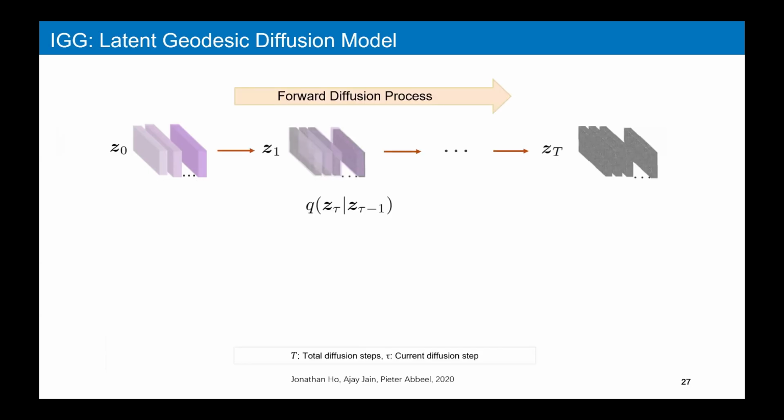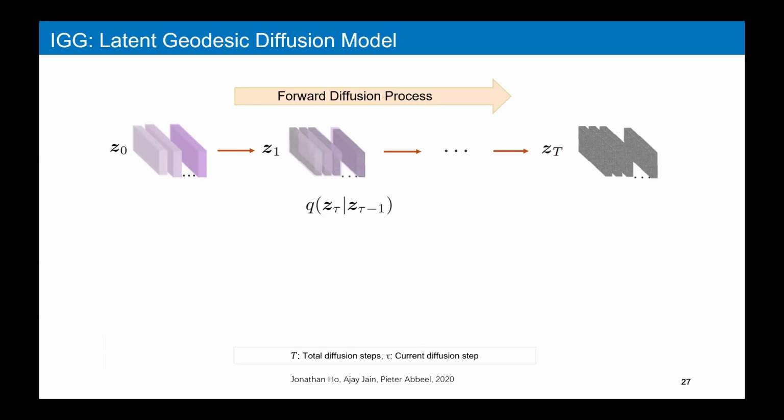So, we stack the time series of latent geodesic representations along an additional channel, denoted as Z0. Keep in mind that Z0 is a time sequence along the geodesic step T. Then we perform the forward diffusion process by gradually adding noise in this space.